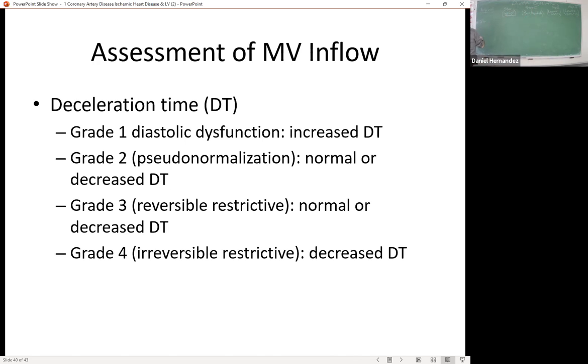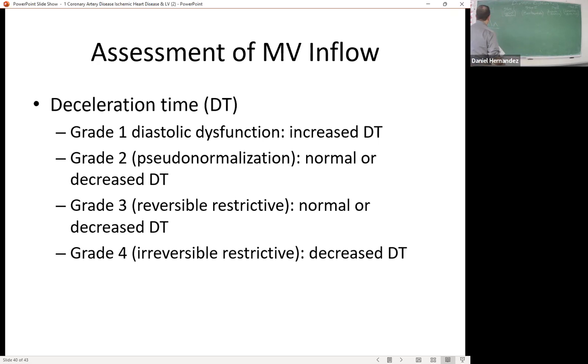For normal, I'm going to draw it out: you have big E, little a, and our E to A ratio is going to be less than 1.5.